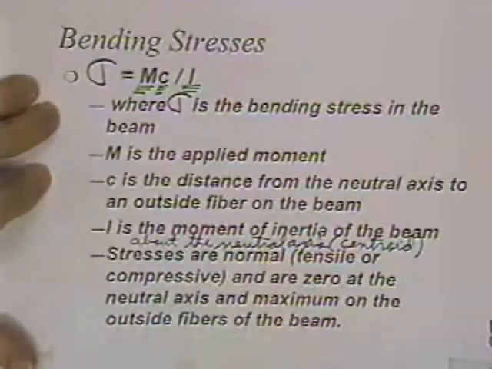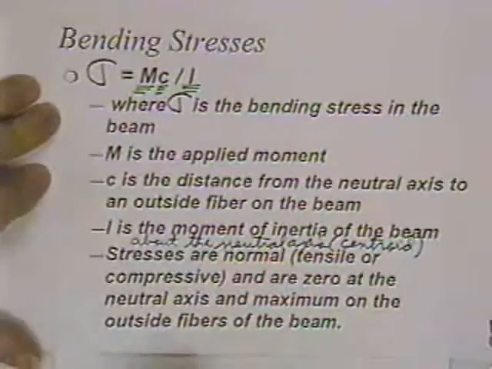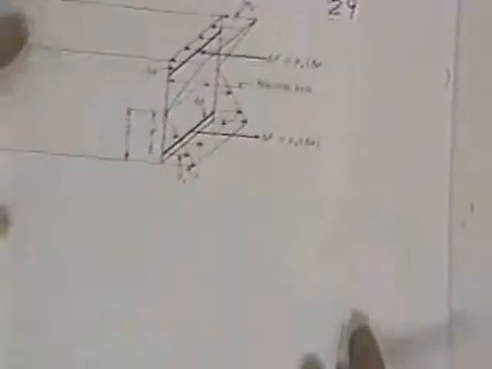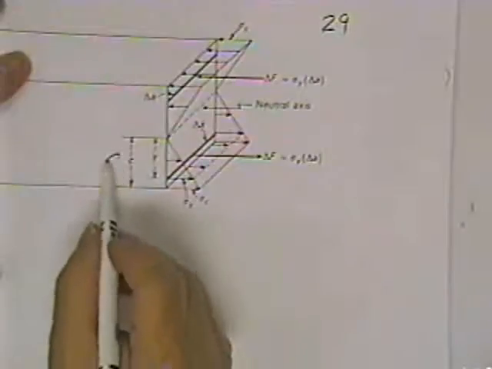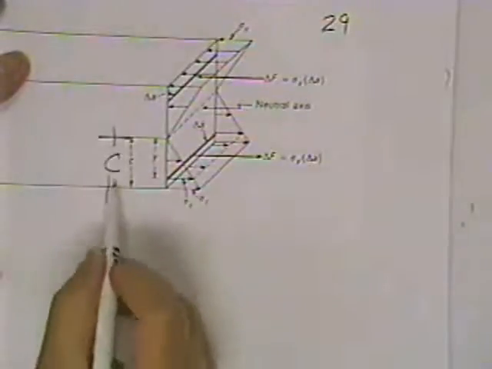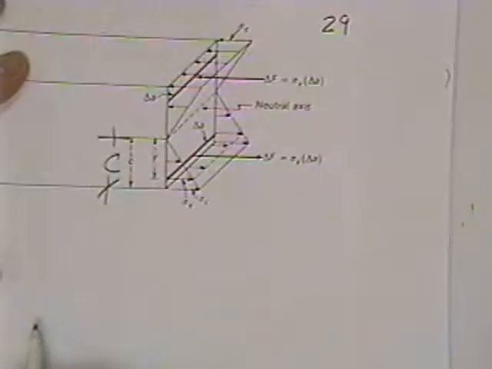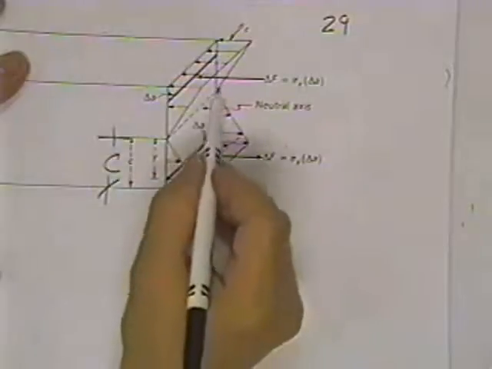These stresses will be tensile or compressive, and there's 0 at the neutral axis and a maximum on the outside fibers. This is how they look. This is the distance C. Here's your neutral axis.